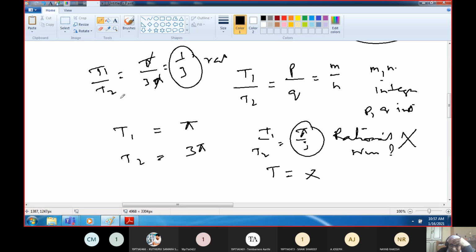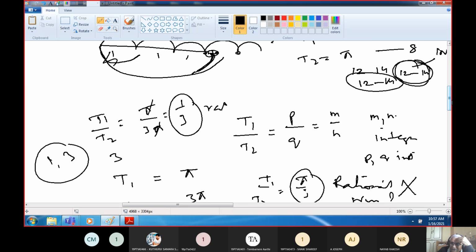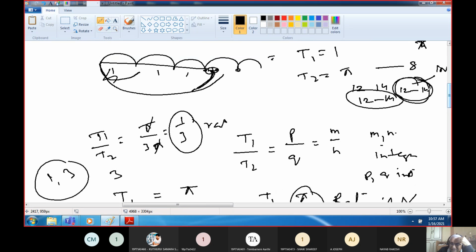So definitely the time period of the resultant signal has to be 3, which is the LCM of 1 and 3. But if any one of them is pi, not both of them, then it will not be a periodic function. It will not be a periodic signal.